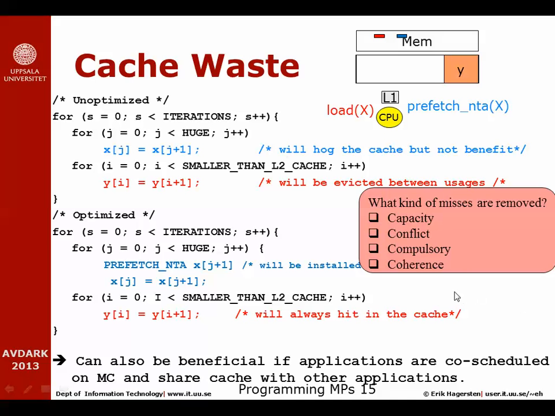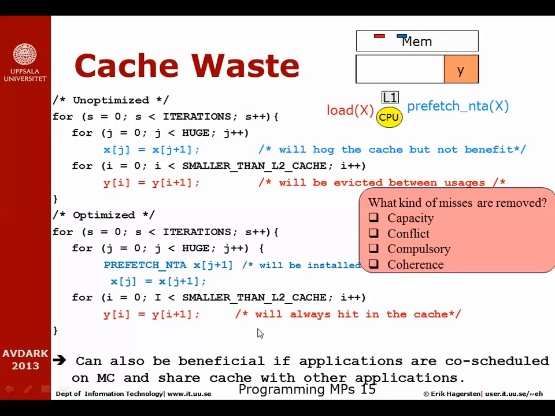It's the capacity misses. The cache was too small to hold both the blue and the red data, but since we changed the code to not put the blue data into the cache, now we can avoid some of the misses, not all misses, of course, and the misses we avoid are capacity misses.